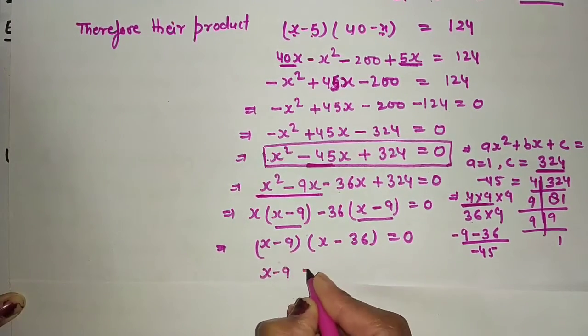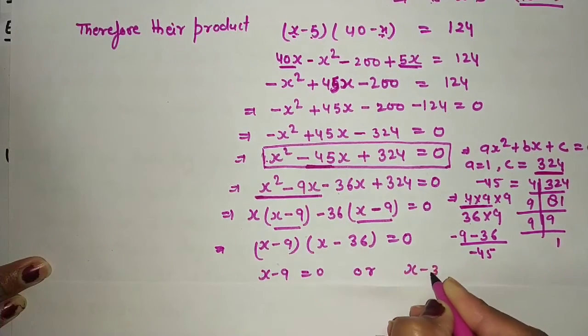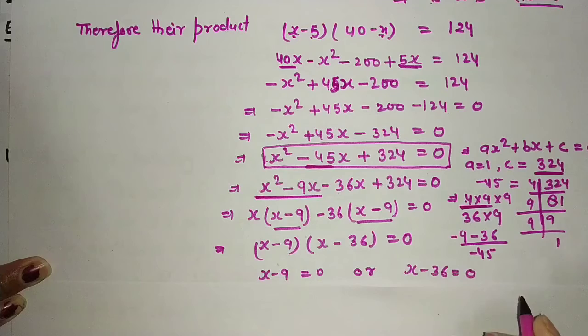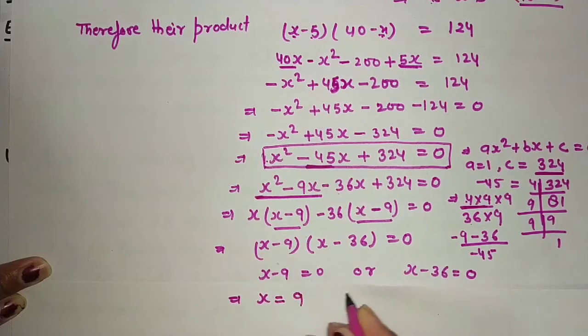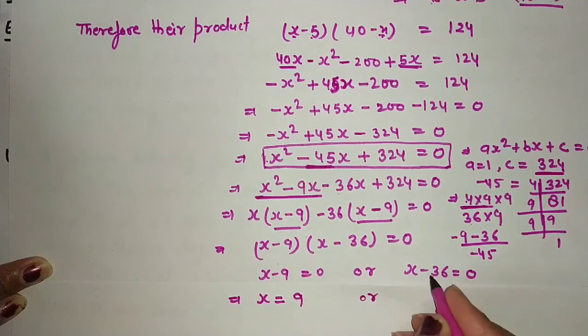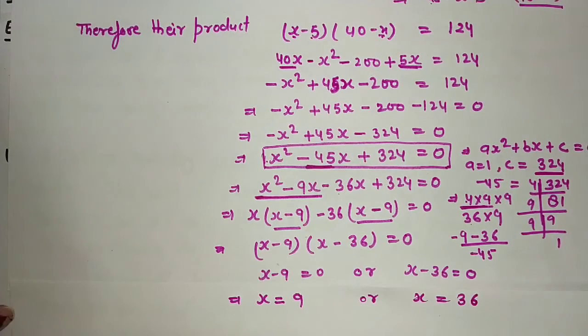x minus 9 equal to 0 or x minus 36 equal to 0. When x minus 9 equal to 0, then x equal to 9, or when x minus 36 equal to 0, then x equal to 36, and x equal to number of marbles John had.